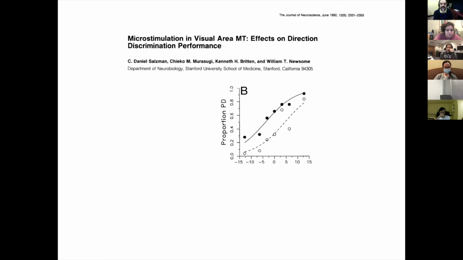So now you get the monkey to tell you, just look at this curve for the moment, ignore that. Look at the open circles. This is the motion signal. This is 0 signal, means fully random motion. And as you go to positive values, you get more motion signal in favor of a direction, which is the preferred direction of a cell in monkey MT. So let's say they are recording from a cell.